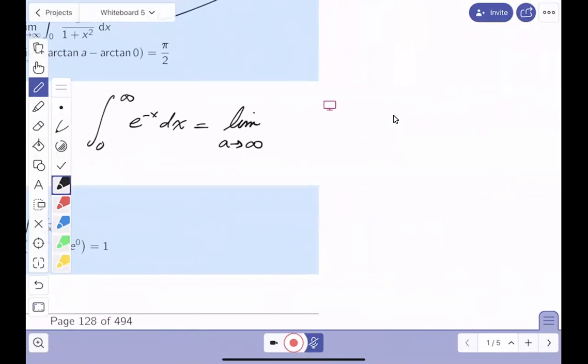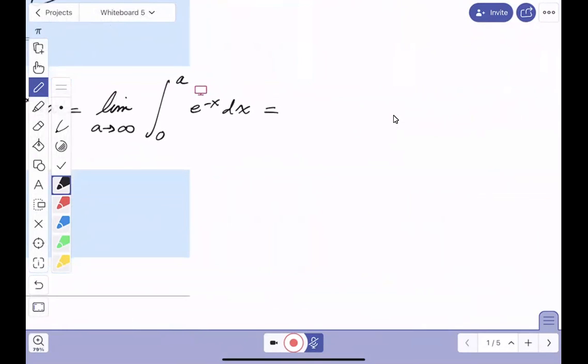That's going to be 0 to a, e to the minus x dx, equals limit a goes to infinity, and that would be minus e to the minus x, limits of integration 0 to a.